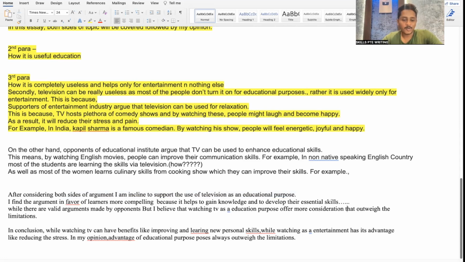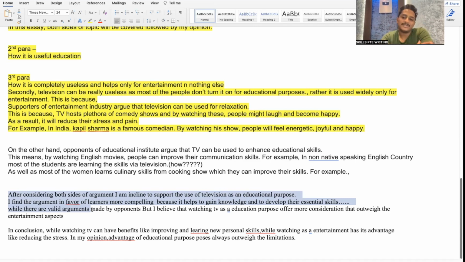While there are valid arguments made by the opponents, I believe that watching TV for educational purpose offers more considerations that outweigh the limitations. We never talked about limitations. See here, basically, you need to give your opinion with at least one supporting point, saying though there are valid arguments on the other side that it is only for entertainment purpose, still there are numerous shows where many are making use of television, where there is no internet facility.